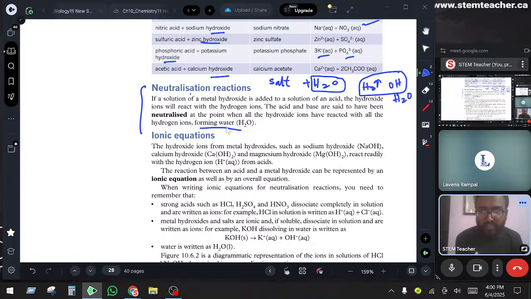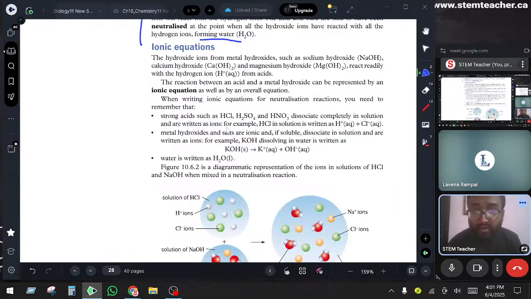The reaction between acid and metal hydroxide is represented by an ionic equation. Strong acids such as HCl, H2SO4 and HNO3 dissociate completely in solution and are written as ions. For example, HCl goes to H+ and Cl-.